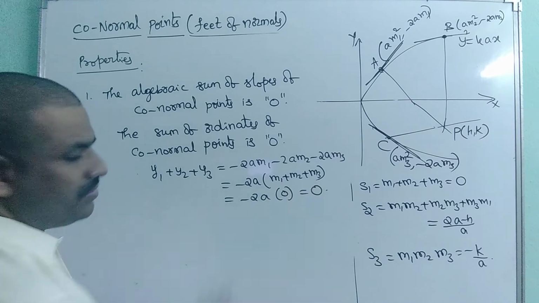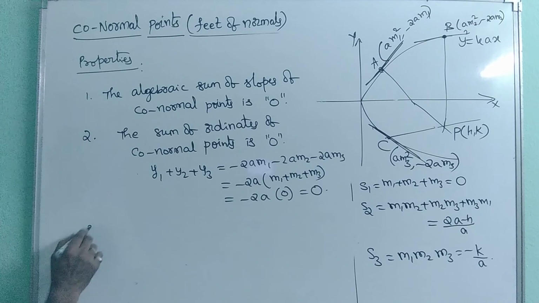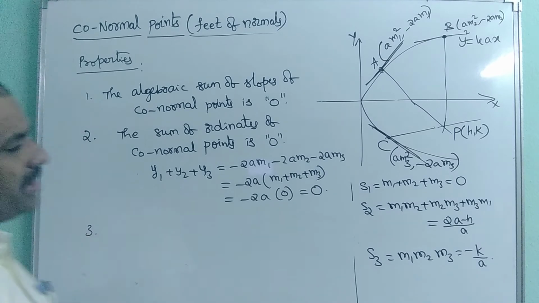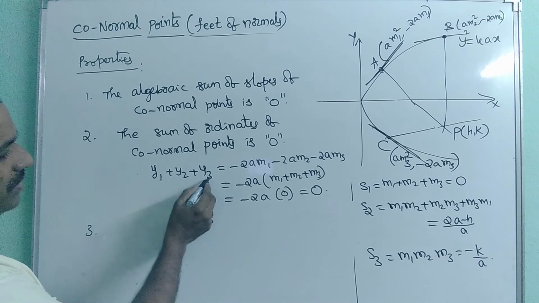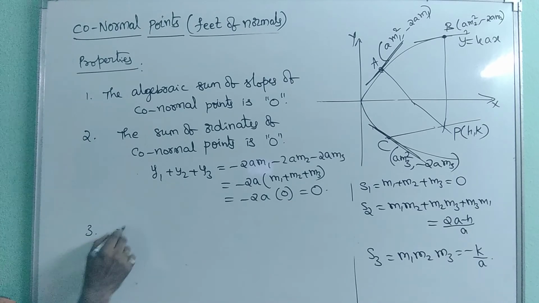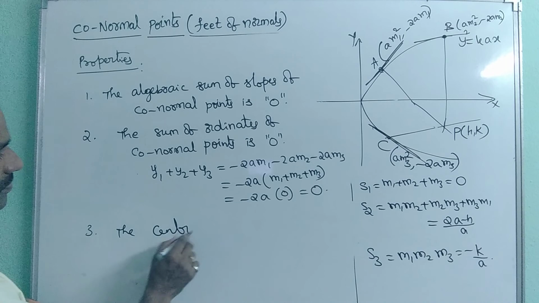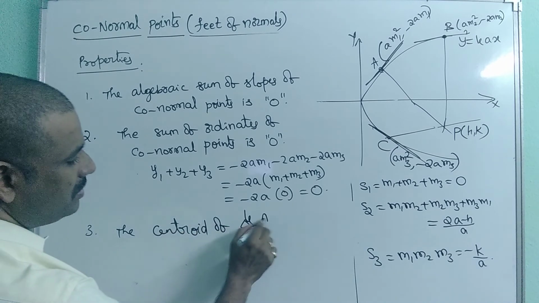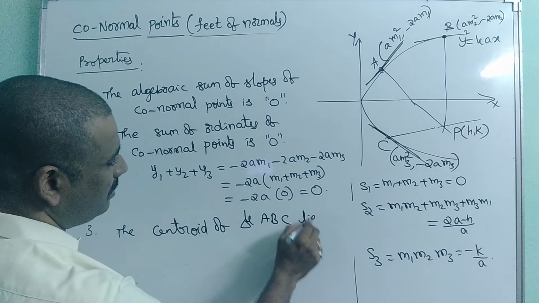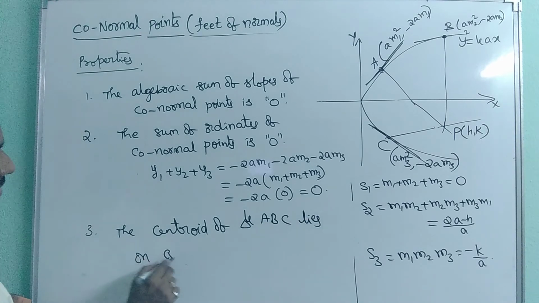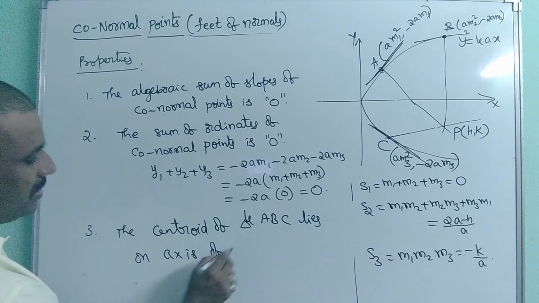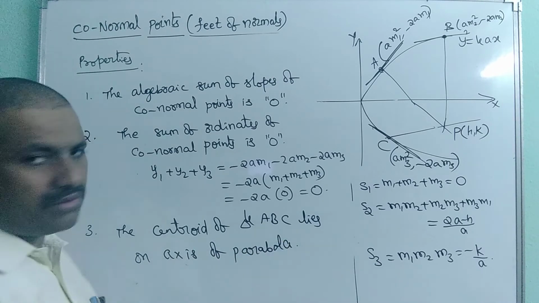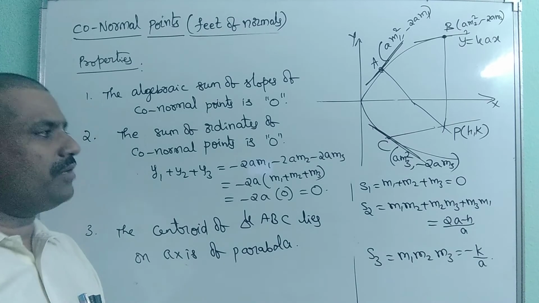This whole thing is 0. Next, the third one: y1 plus y2 plus y3 is 0, that means the centroid of triangle ABC lies on the axis of the parabola.